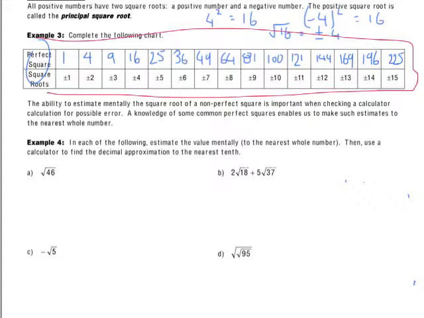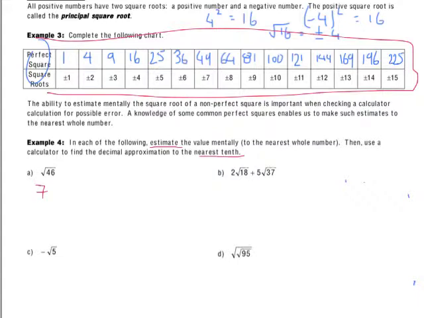So example number 4. In each of the following, estimate the value mentally to the nearest whole number. Then use a calculator to find the decimal approximation to one decimal place, or the nearest tenth. Okay, the square root of 46. Well, I know that the square root of 49 is 7, so my best guess here would be 7.